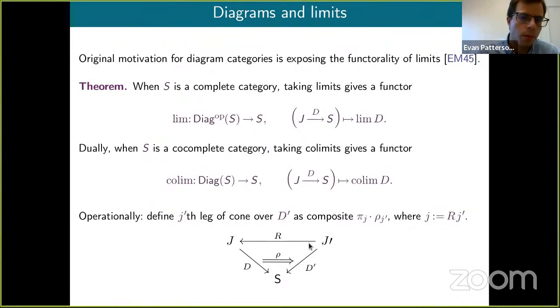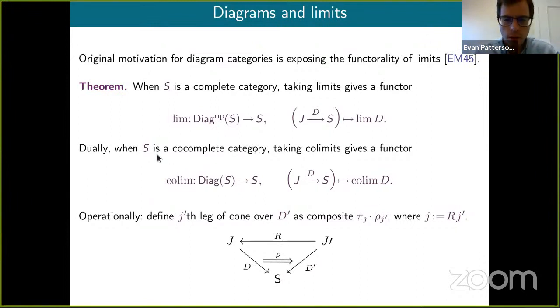So the fact is that if you're looking at diagrams in some complete category S, which for us is just going to be Set, but take anyone stating this theorem, then the operation of taking limits gives a functor from Diag^op S to S. So on objects, you take the limits, and then the point is that these morphisms give you a way to construct morphisms between the limit objects.